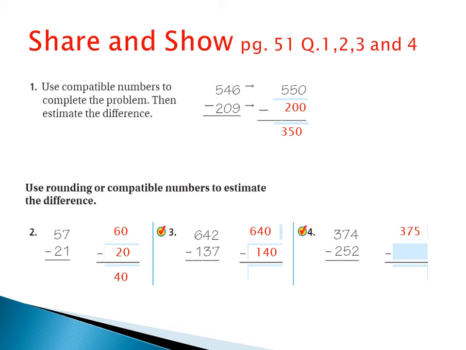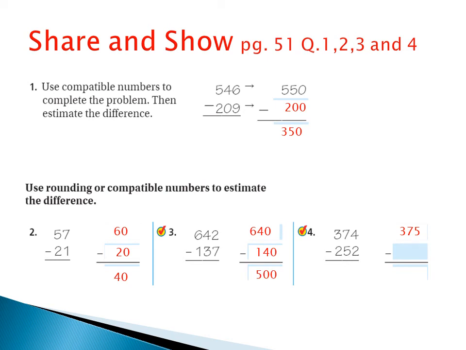So I keep the tens as it is and I change the ones into 0. 137. If you look at the ones, it's greater than 5. So I will change it into 0, but I will add 1 to the tens. 3 will be 4. 640 minus 140 equals 500.